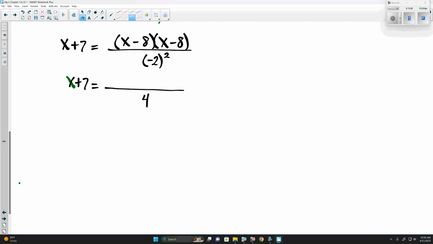Now in the numerator, we can multiply this out. X times x is going to be x squared. X times negative 8 is negative 8x. Negative 8 times x, negative 8x, and negative 8 times negative 8 is plus 64.